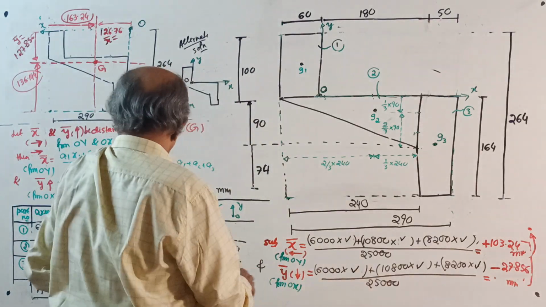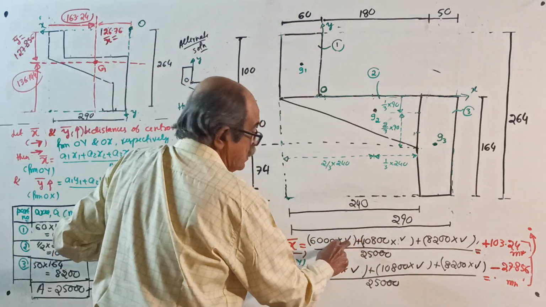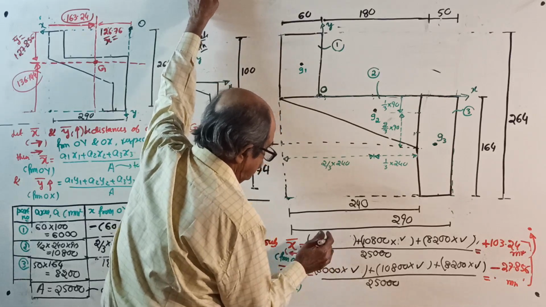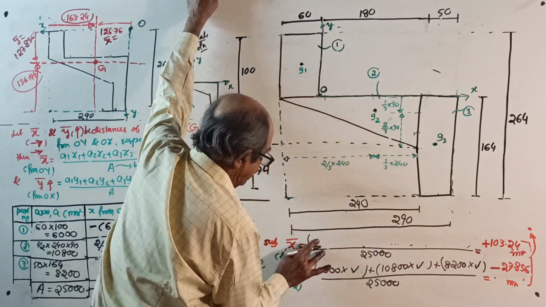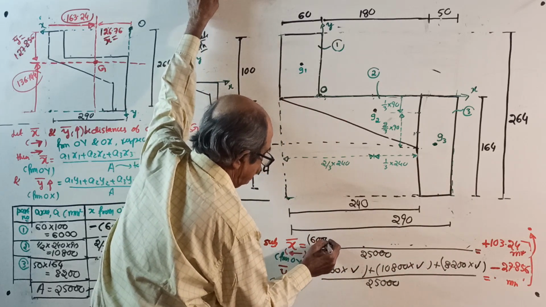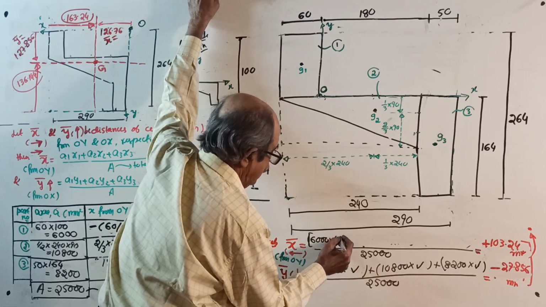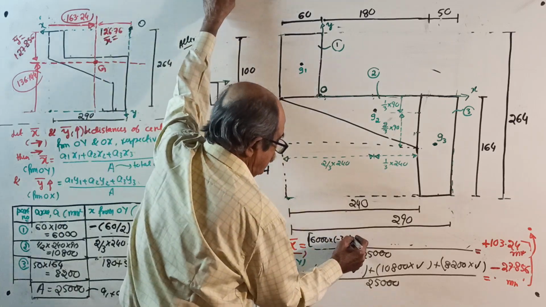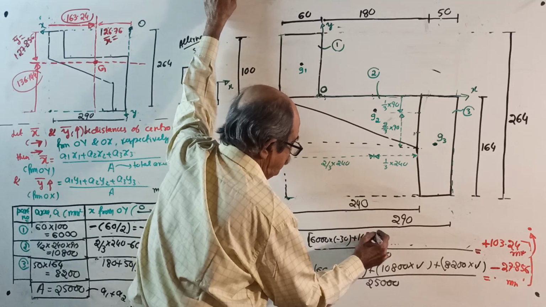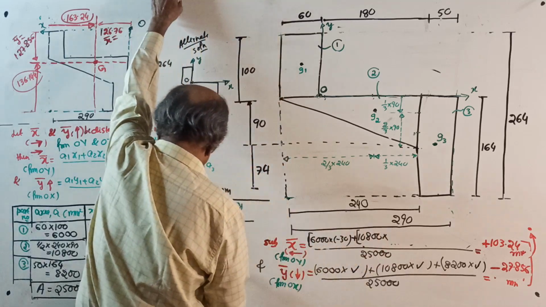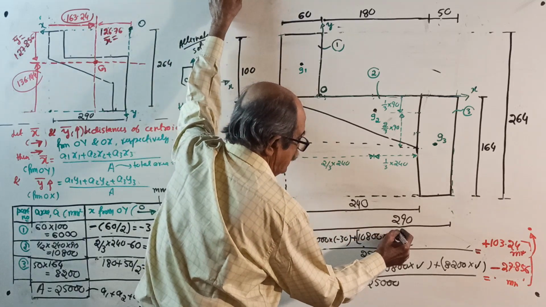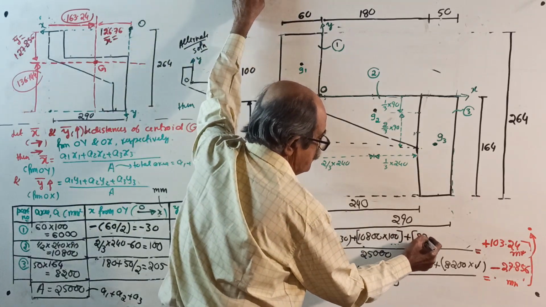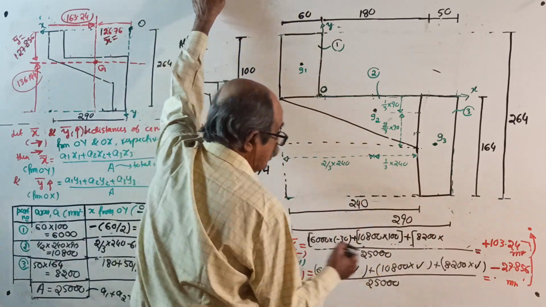Substitute correctly. 6,000 into minus 30, you should do the substitution. Okay, I'll substitute here 6,000, only this time, because negative is there. 6,000, bracket I'll put here, into minus 30, A1 Y1, A1 X1, plus 10,800, one more bracket, into X2 is 100, plus one more 8200 into X3 is 205.